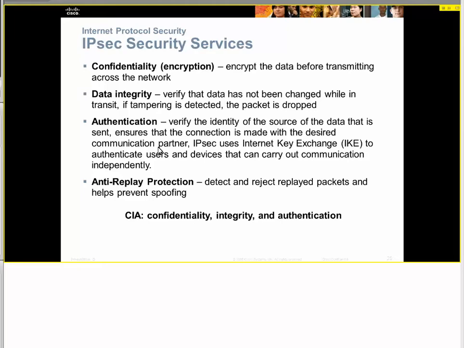Now, at some point in the future, I come back and I try to use that packet to authenticate. And it says, that packet was 5 hours ago. How did that packet get into the mix? So, CIA, confidentiality, integrity, and authentication, are what makes up security services, and IPsec does it extremely well.